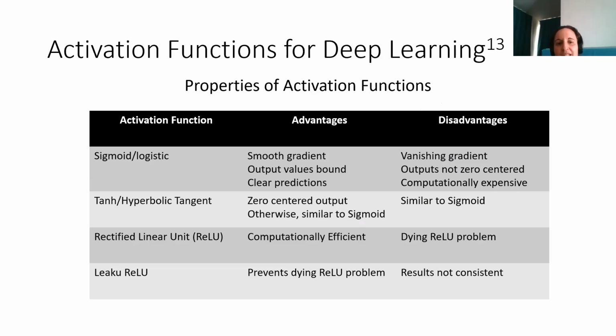So sigmoid and tanh related functions have similar usages. They are usually preferred when you have binary classification, where they usually perform a little bit better. However, they're usually more expensive to compute, and they have the problem of vanishing gradients.